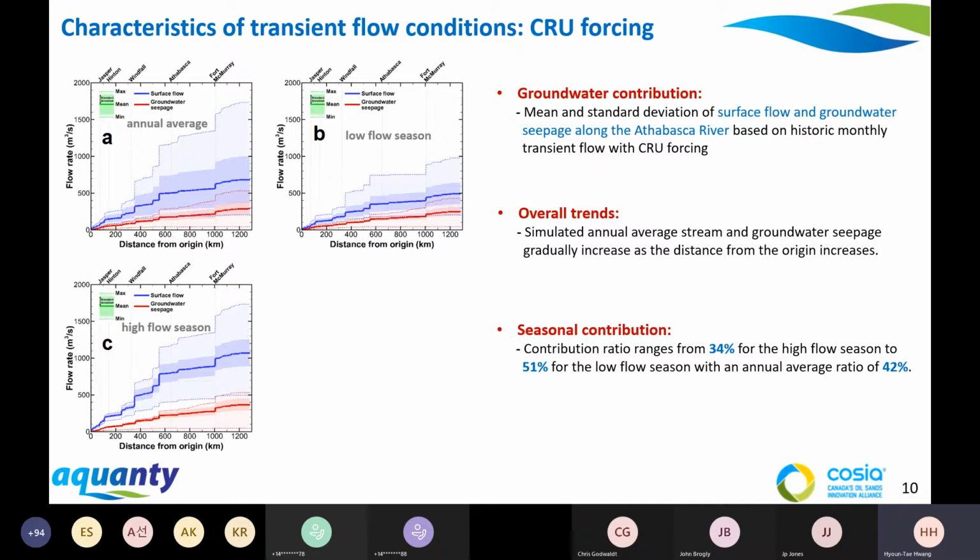As you can see, the groundwater seepage contribution annual average is about 42%, ranging from 34% during high flow season to 51% during low flow season. That changes, but bottom line is groundwater contribution is very significant to the surface water flow condition along the Athabasca River. Next, please.